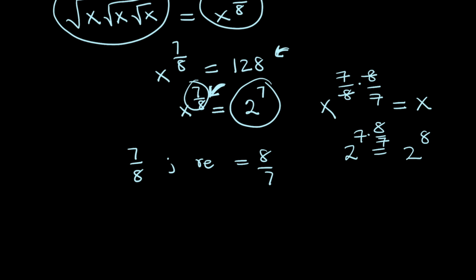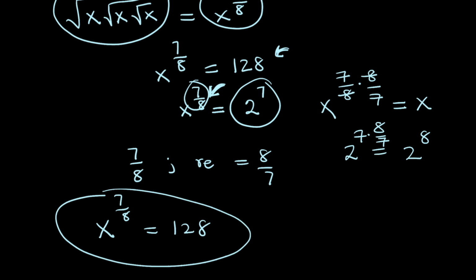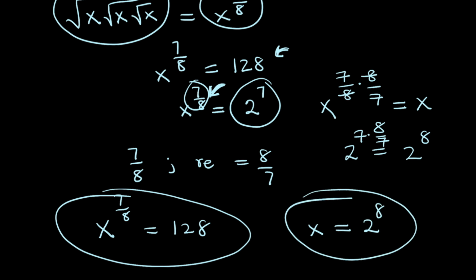So we have been able to convert x raised to power 7 over 8, which is equal to 128, to x is equal to 2 raised to power 8. And as we can see, this has led us straight to the final answer, which is x is equal to 2 raised to power 8.